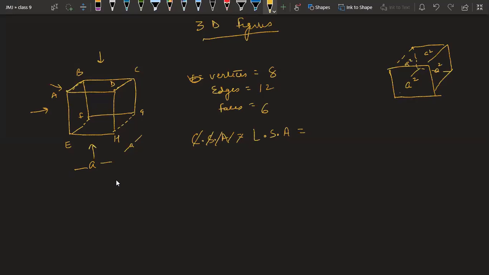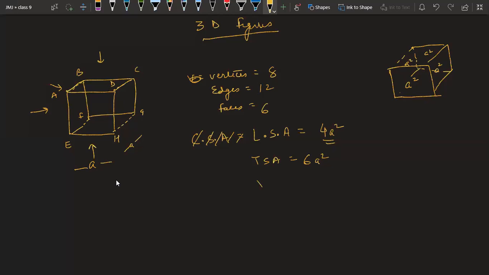So we can say the lateral surface area will be given by 4a square. Yes, Bhavya, Vaishnav, Bhavya, good, better. Good, Abhishek, Piyush. Now, the total surface area is LSA plus top and bottom area. So LSA is already 4a square. If you take top and bottom also, it becomes 6a square.